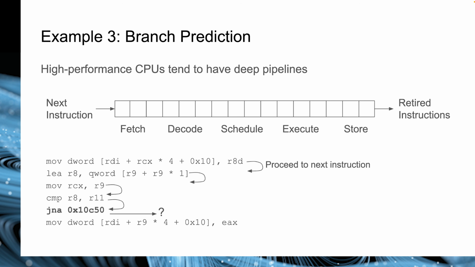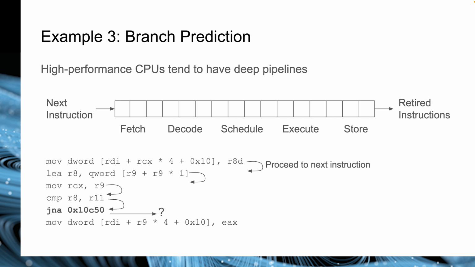This works really well if we can keep the pipeline full. If we can't, then we have cycles where no instructions are getting completed and things are running slowly. Among the things that commonly keep the pipeline from staying full is waiting for memory, which is why we earlier looked a lot at cache locality. But another big one is conditional branches.